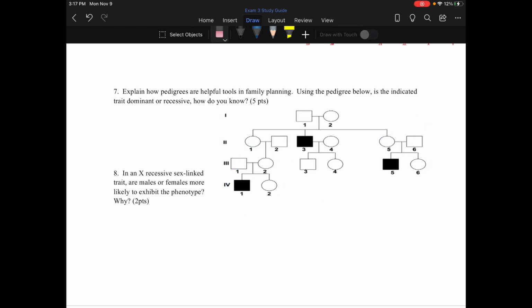Next question, is an X recessive sex-linked trait in one of these? Are there more males or females likely to exhibit the trait, and why?